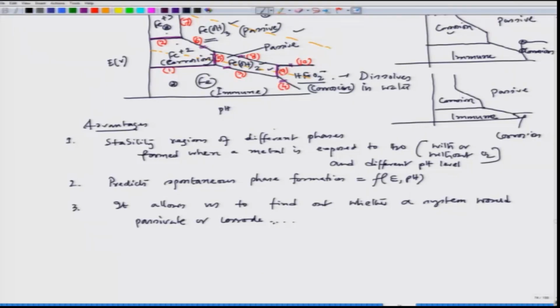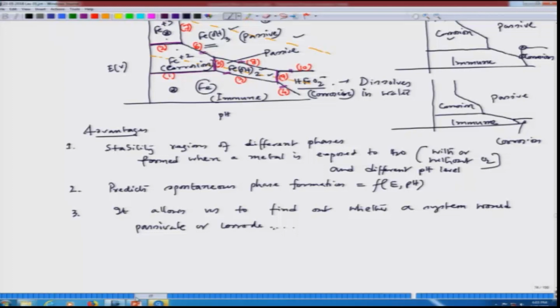Another important piece of information: for example, when we have metal mixtures, at a particular potential and pH level, we need to see which metal would corrode and which metal would not corrode. That information can also be obtained. Let us see one such example.